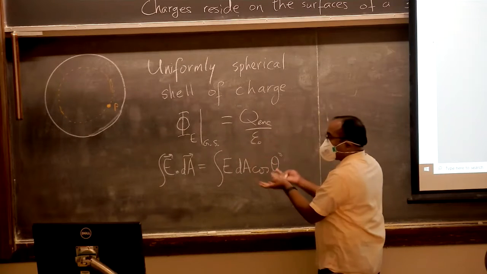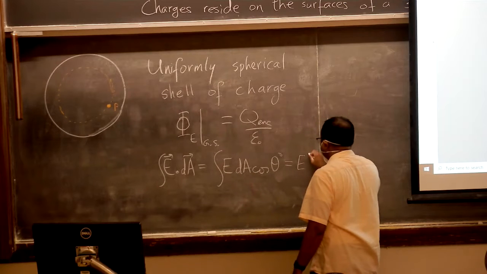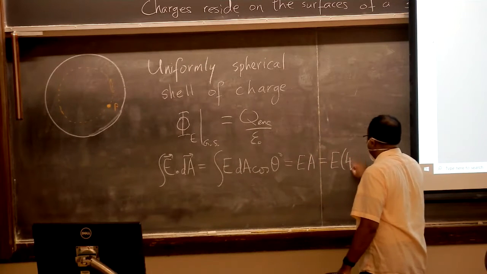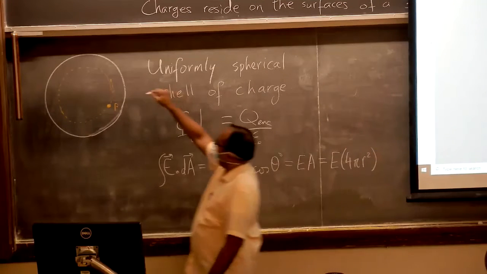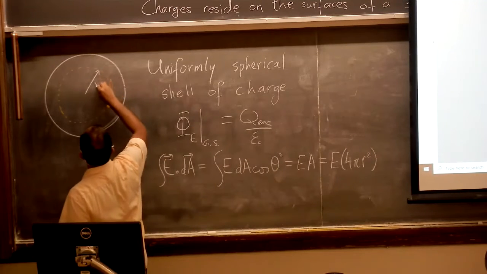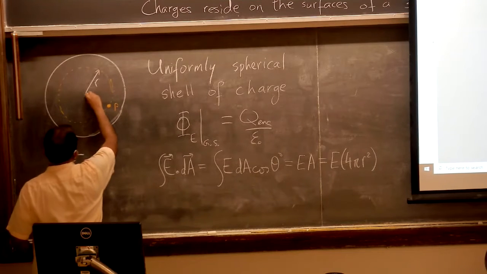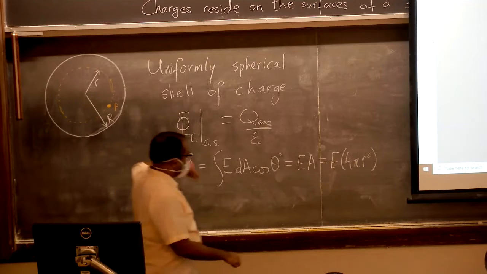Electric field will be constant on that surface, so I can pull it out. So this just becomes E times A, which becomes E times 4 pi little r squared, where little r is the radius of this Gaussian surface. We'll call big R the radius of the sphere of charge.